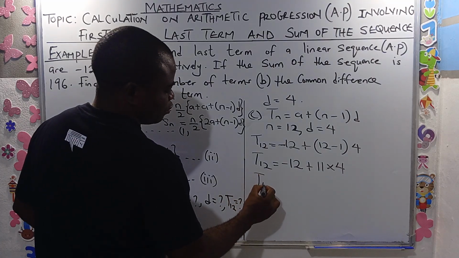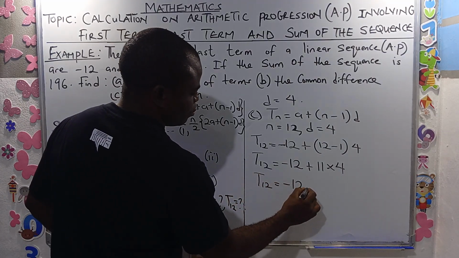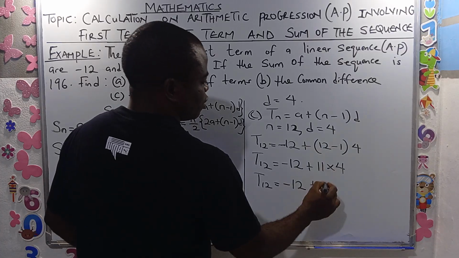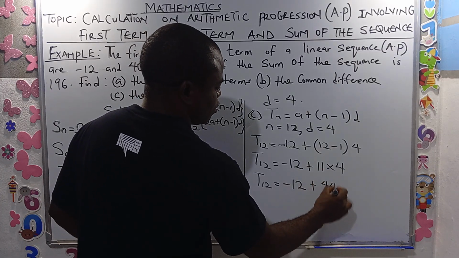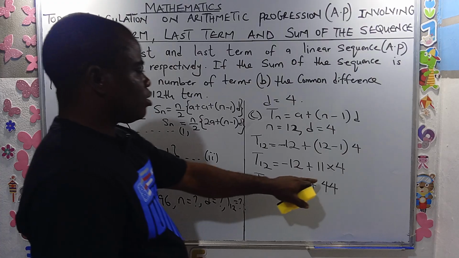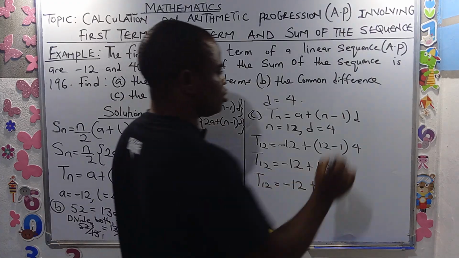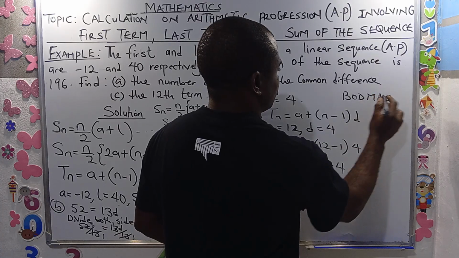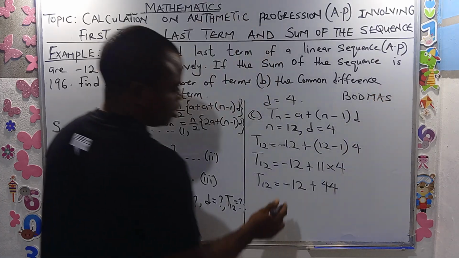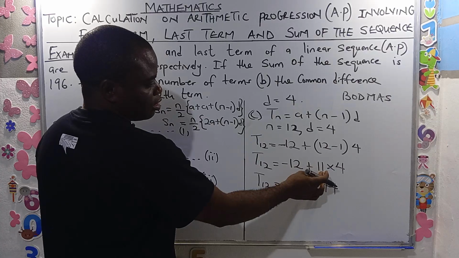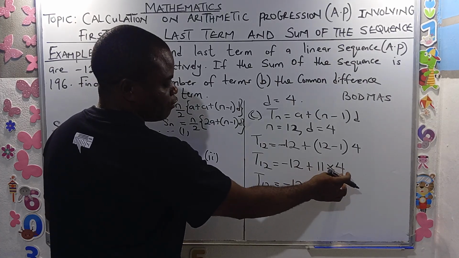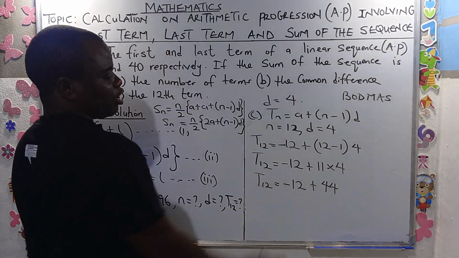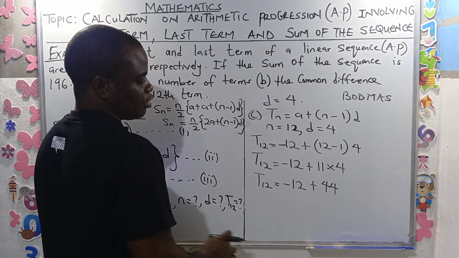Now T12 equals minus 12 plus 11 times 4, that's 44. Don't forget that you have to carry out multiplication before addition. Make use of BODMAS. Multiplication comes before addition. That's why you have to multiply 11 by 4 before joining with minus 12.